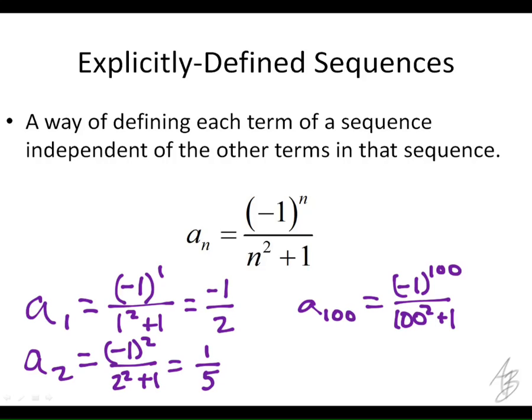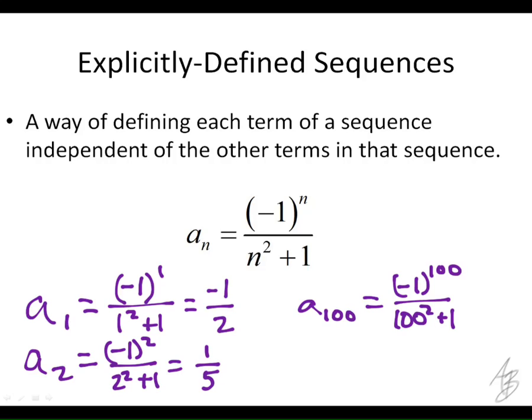Now, a quick note about this, the negative 1 to the nth power. This is something we're going to see a lot. And what's that going to do to a sequence of numbers? It's going to alternate it between negatives and positives. So negative 1 to an even power is going to be what? Positive. Negative 1 to an odd power is going to be negative.